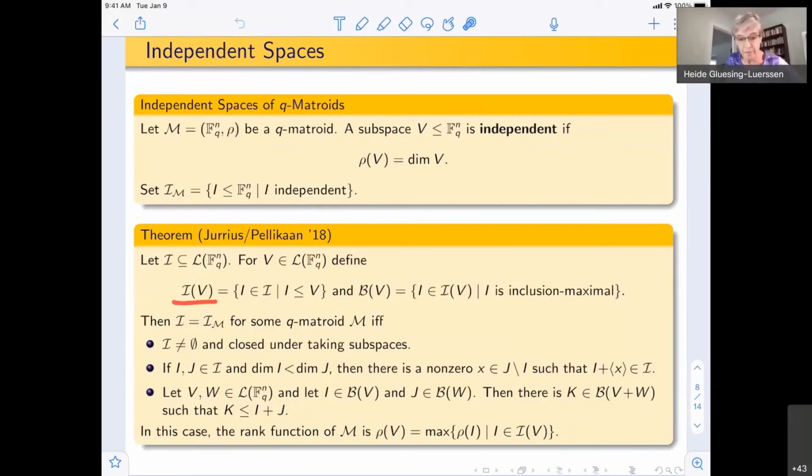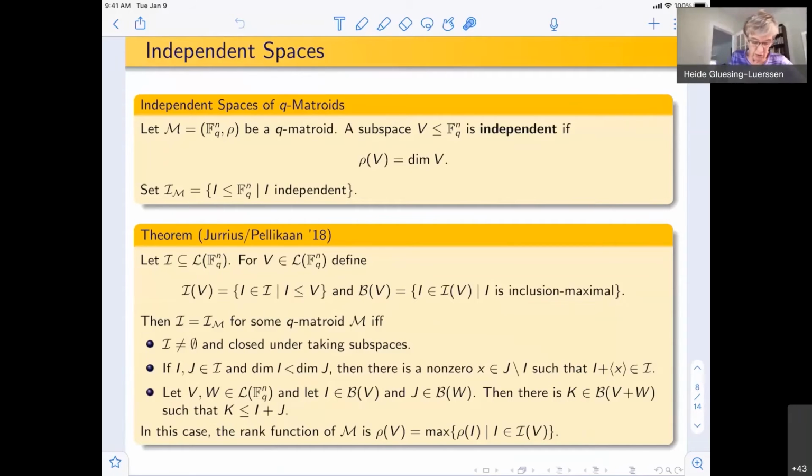So I of V are the independent spaces inside V. B of V are the independent spaces inside V that are inclusion maximal. These are actually called bases, but we don't need the name; I'm going to use the name bases without defining them better than this. So this is just two notions here.